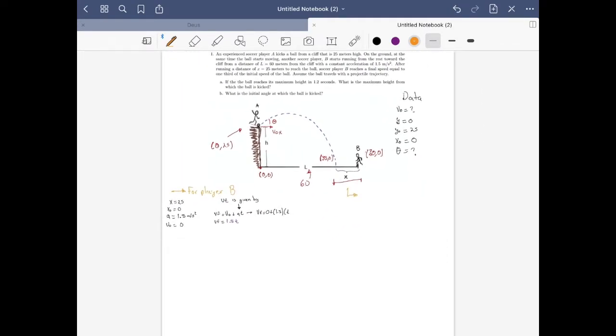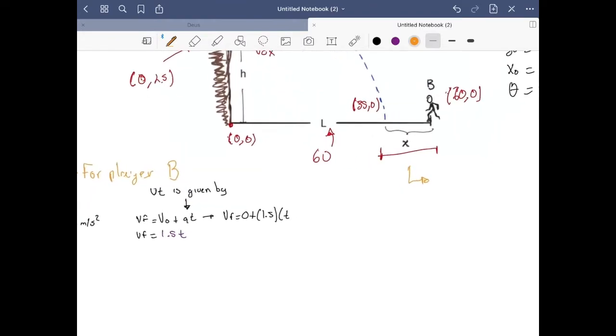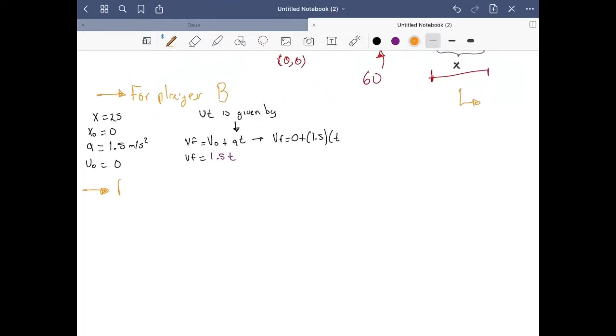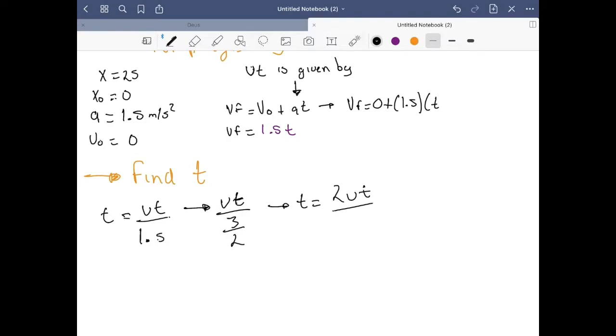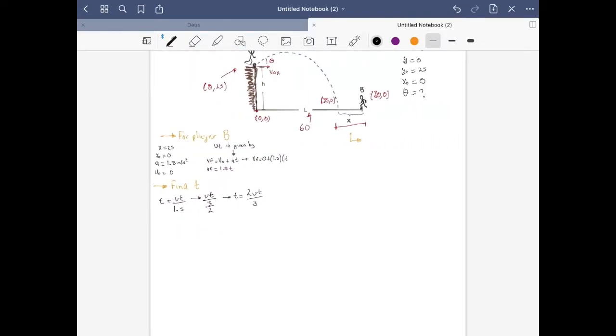And I just got a new variable. I don't have the final velocity, and also I don't have the time. But what I can do, I can find the time. To find the variable t, I only clear the previous equation for final velocity, because I need t to find the initial velocity.